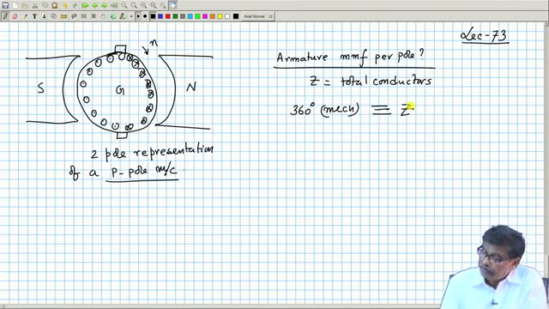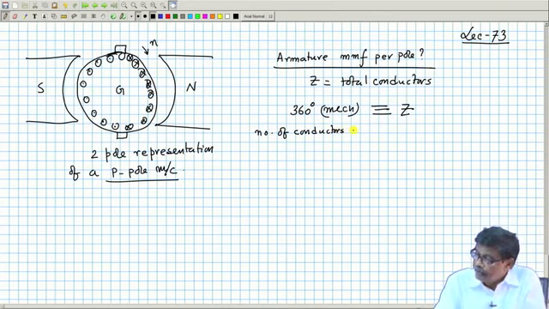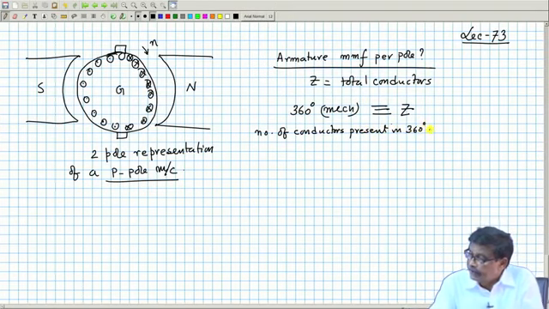Therefore, over 180 degree, how many conductors are there? I will write it like this: number of conductors present in 360 degree mechanical is equal to Z.